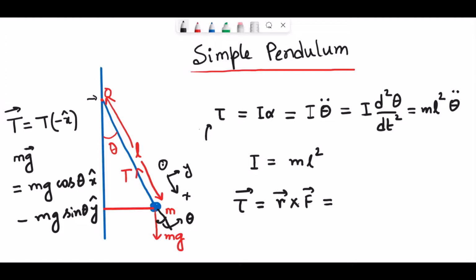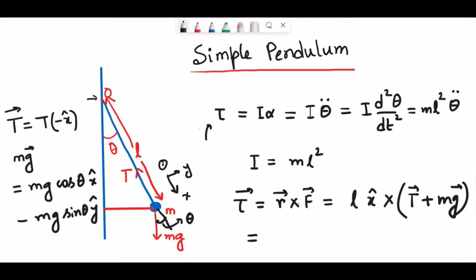So instead of the r vector, we can write L times x hat crossed with F. Then in the case of F, we have T plus mg.